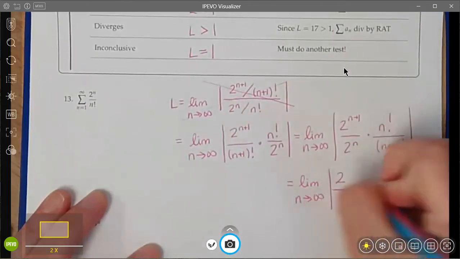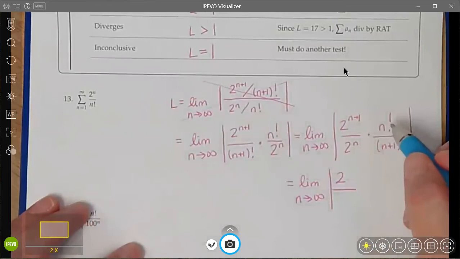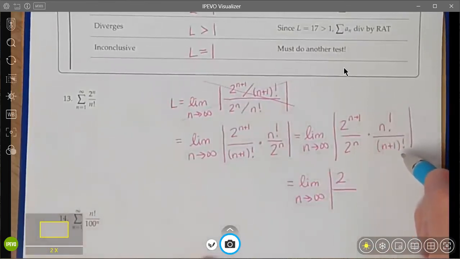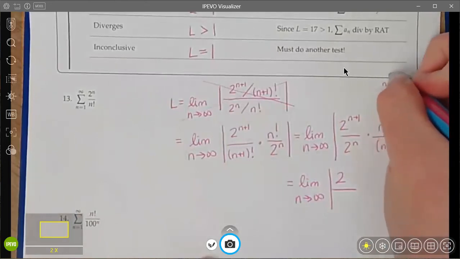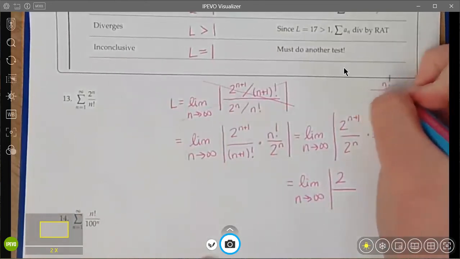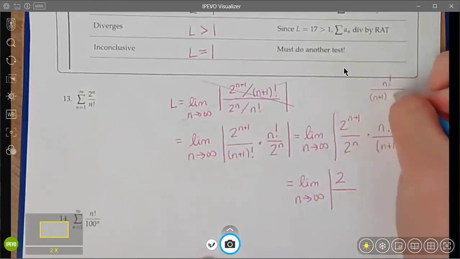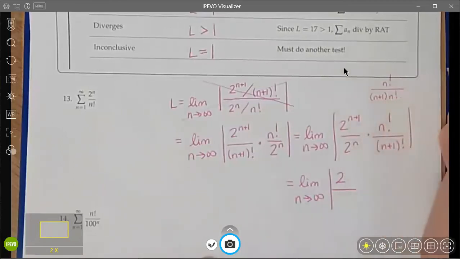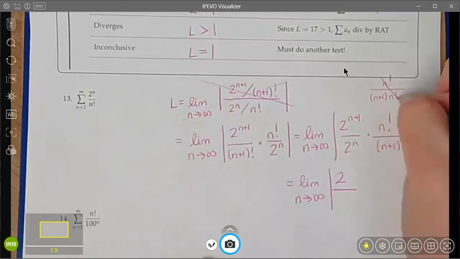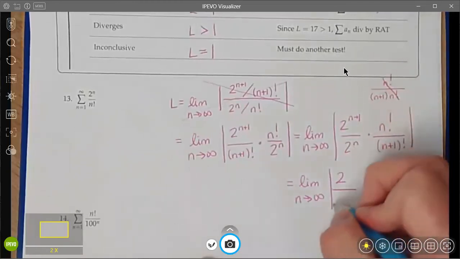And now you're going to see where that worksheet practice came in handy. So I have n factorial over n plus 1 factorial. So n plus 1 factorial is going to be n plus 1 times n factorial. So those n factorials cancel, and I'm left with an n plus 1 in the denominator.